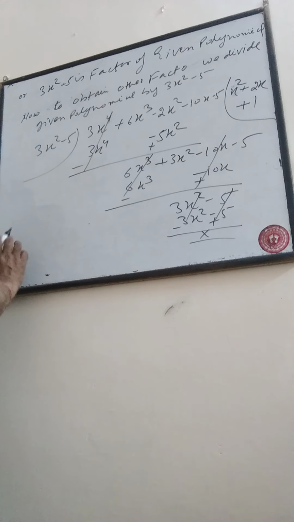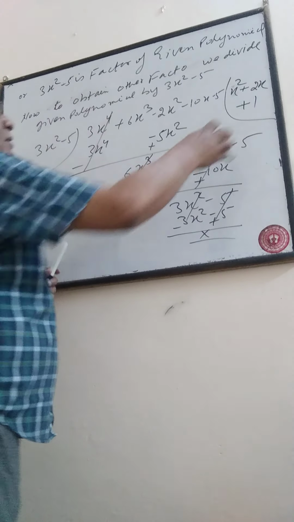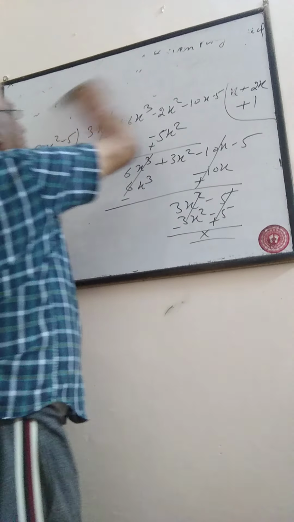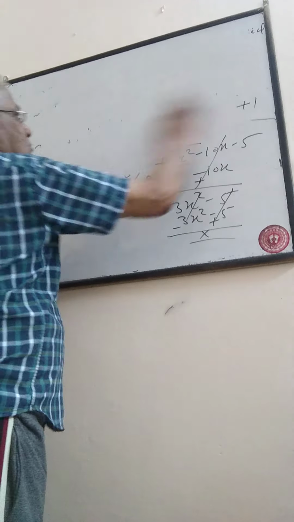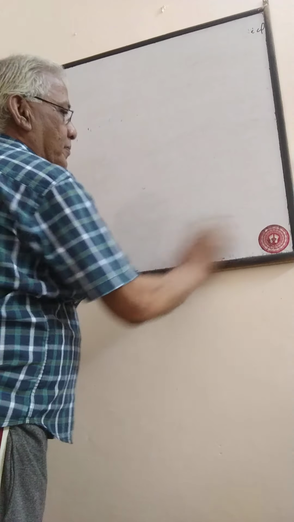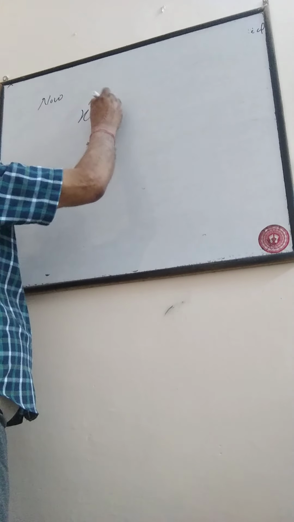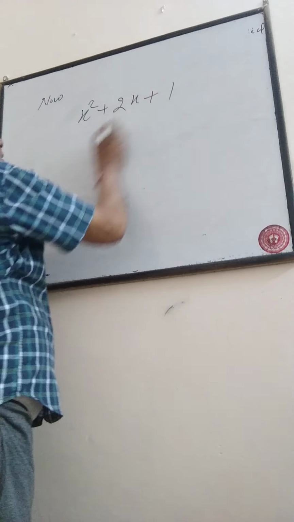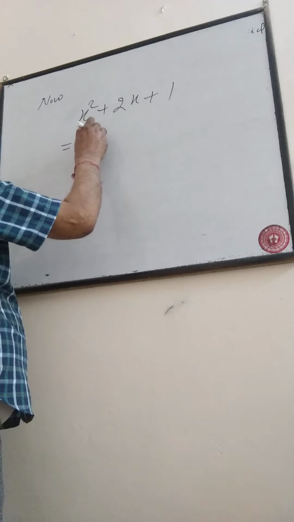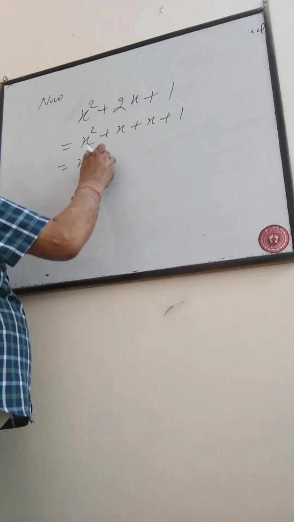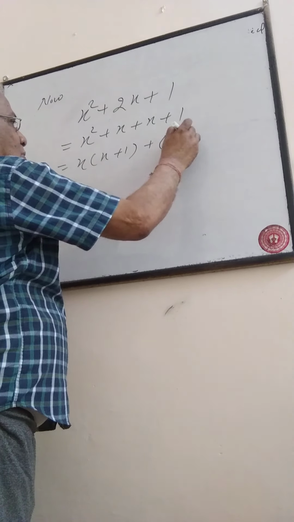Now what do you do? Now you factorize this quotient. And how do you do this? x square plus 2x plus 1. x square plus 2x plus 1 is equal to x square plus x plus x plus 1, that is x common, x plus 1, plus 1 common, x plus 1.